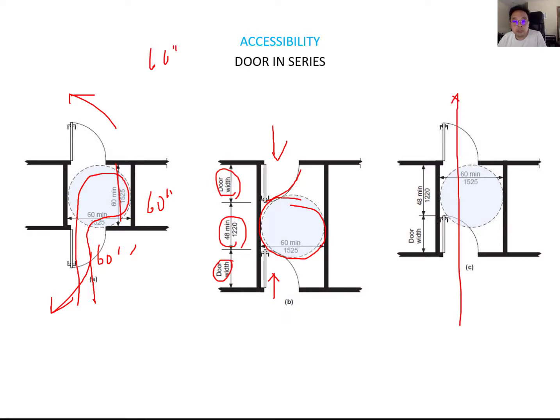In this case, you can simply add the 1 door width with 48-inch. So in this case, you can fit in the 60-inch turning radius. Okay. So even when you have doors in a series, if you understand the basic concept, which is 30 inch by 48 inch and 60 inch turning radius, it is easy to understand and easy to memorize what the required dimension is for the chamber design.